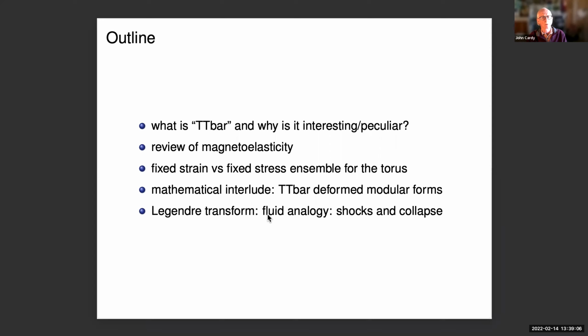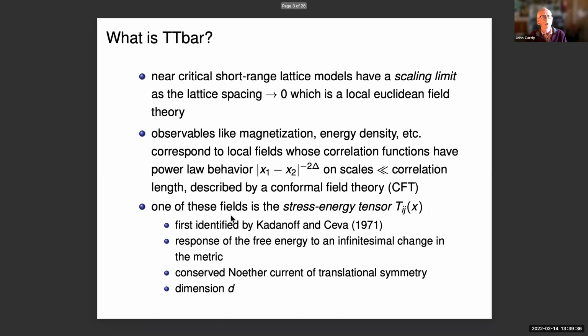And then the equations have this interpretation in terms of a two-dimensional fluid, and the formation of shocks or the collapse of the fluid corresponds to the familiar singularities of the partition function that we find at fixed strain. Okay, so I will continue.